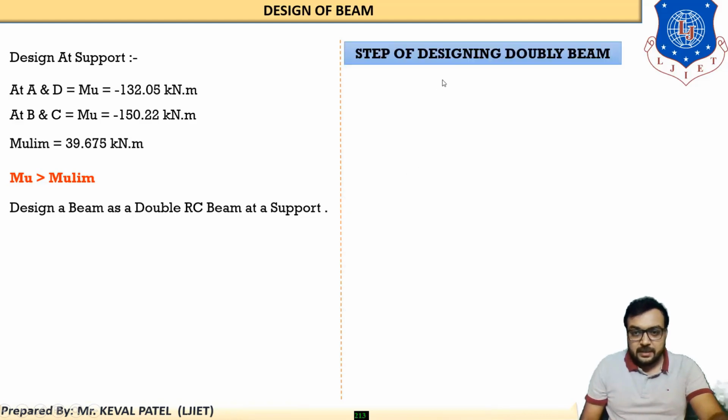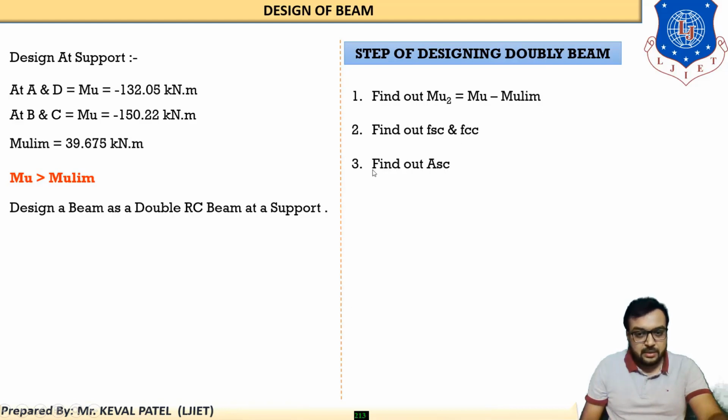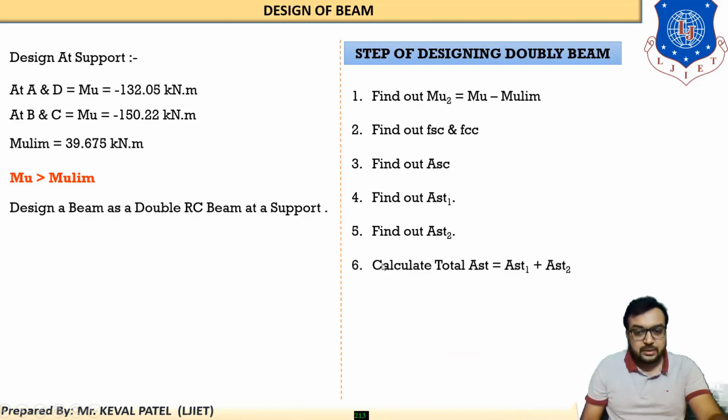Our steps of designing a doubly reinforced beam are: first, find Mu2, which is Mu minus Mu limit. Second, find fsc and fcc. Third, find Asc. Fourth, find Ast1. Fifth, find Ast2.